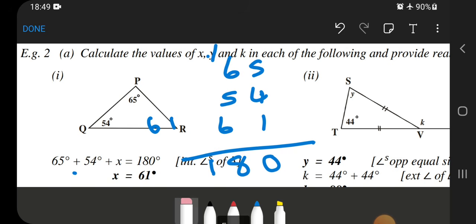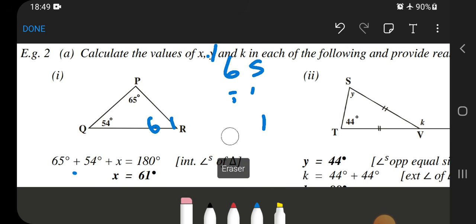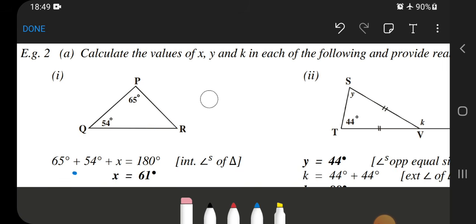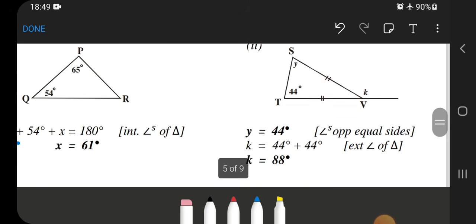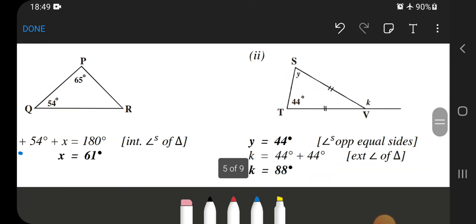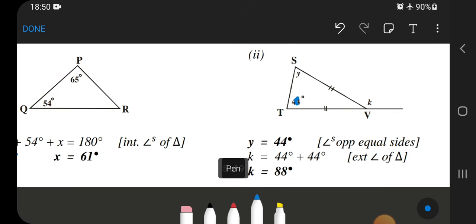And then we are going to look at this one. What is it equal to? So Y equals 44, because opposite angles of a triangle, you can say they are equal.